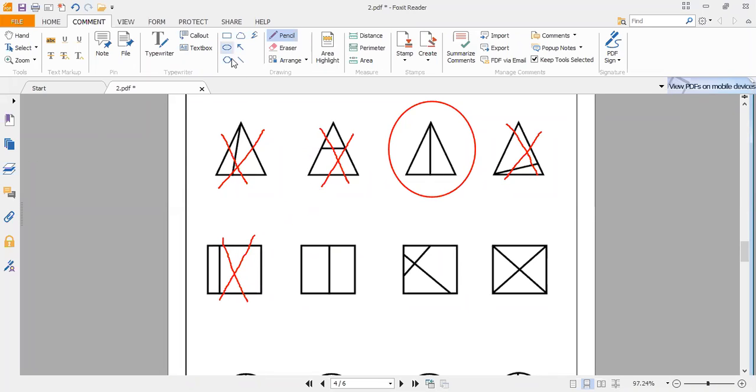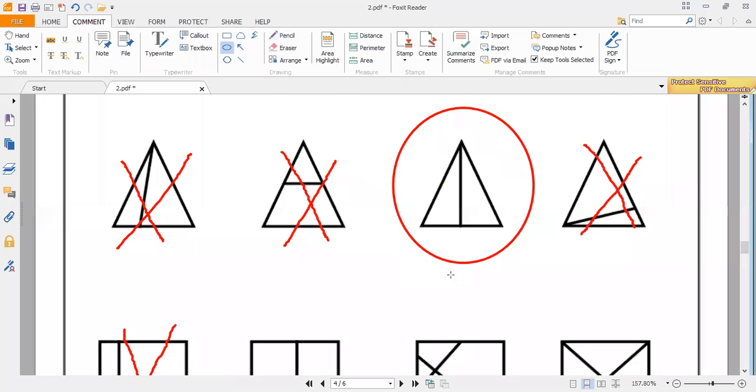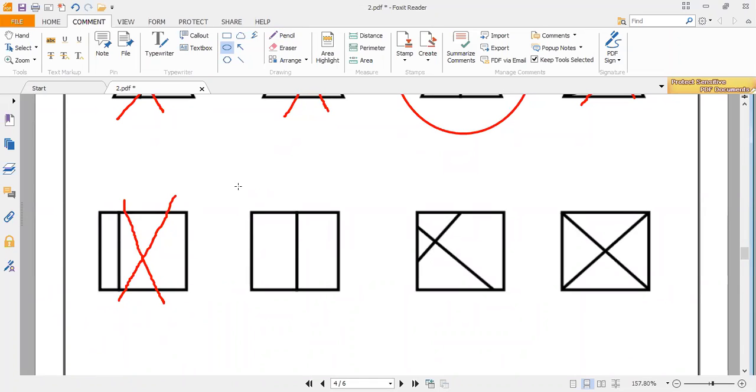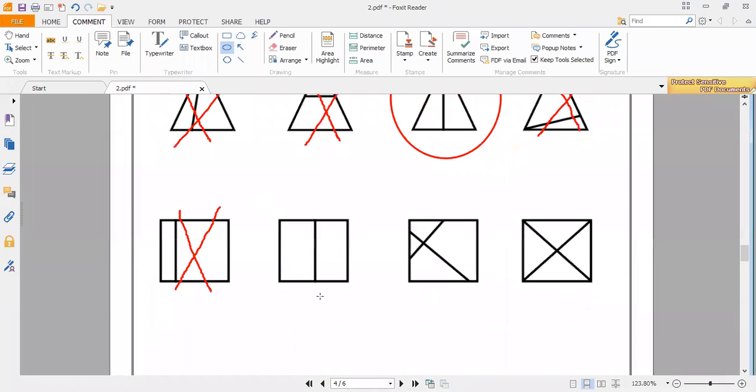But the second one, equal or not? Salim, not X. Second one. Circle it or cross it out.